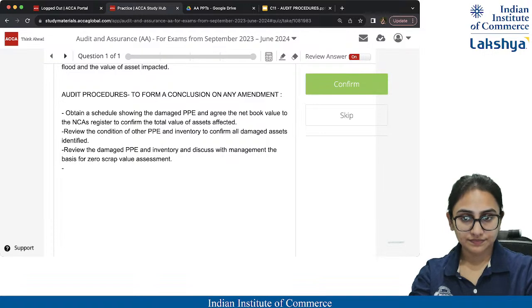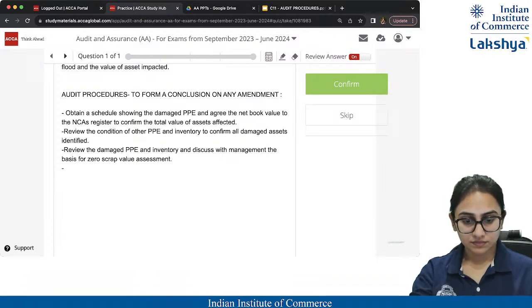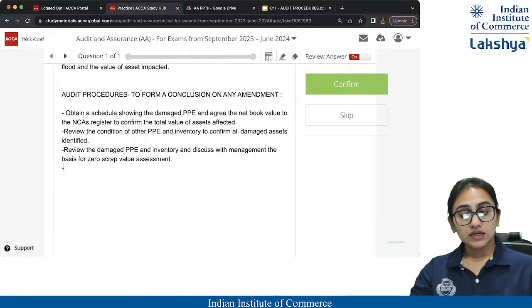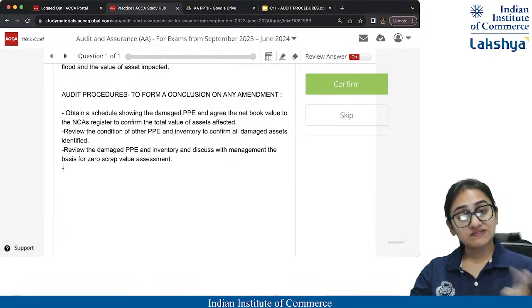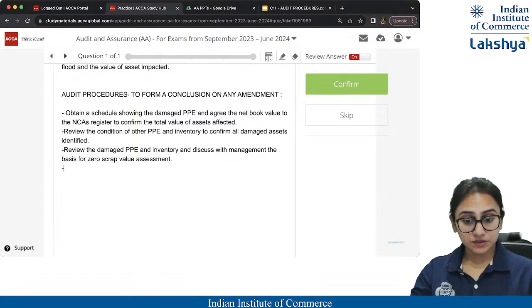Then flood is a non-adjusting event, but you have to disclose the same because it's material. So ask the management if they have disclosed it or they have skipped it altogether.